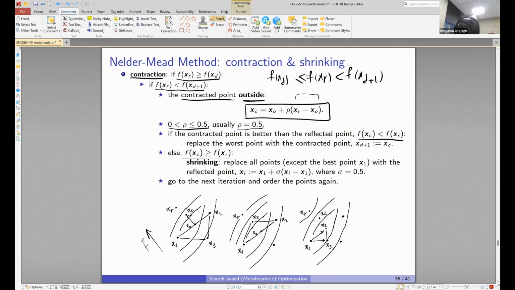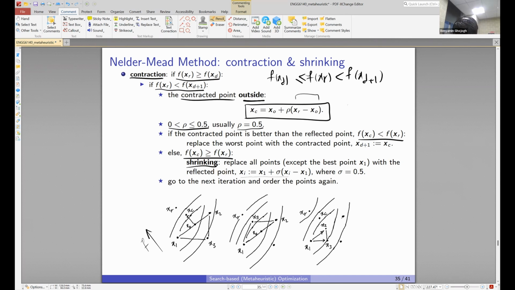If XC is even worse than XR, so XR is worse than X1 and X2, and XC is worse than XR, in this case we don't replace the worst point, the worst corner, with XC or XR anymore. We just shrink the simplex. How?